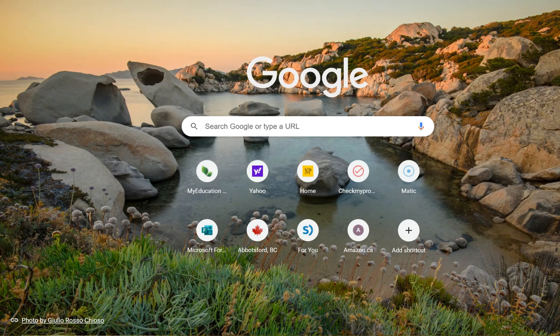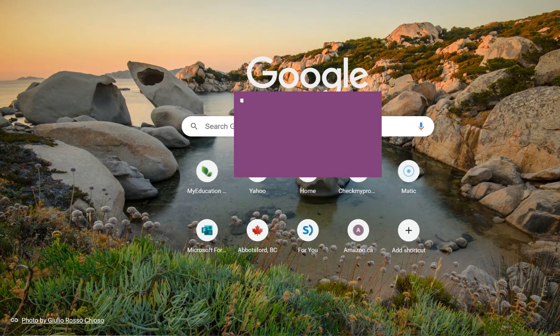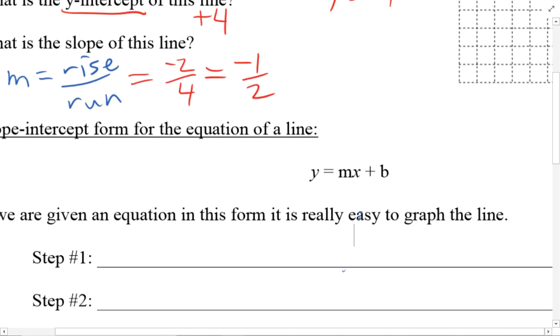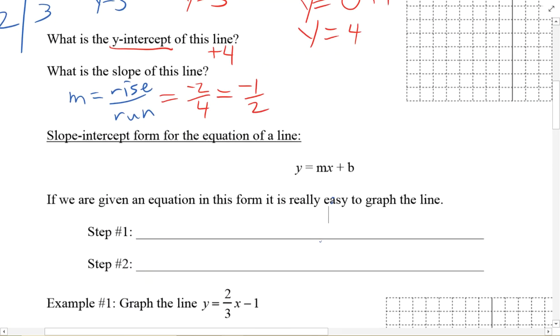I'm expecting this thing to break on us here. And here they are. Okay, there we go. That'll be a little bit better, I think. So the M is our slope, and the B value, including the sign, is our intercept.